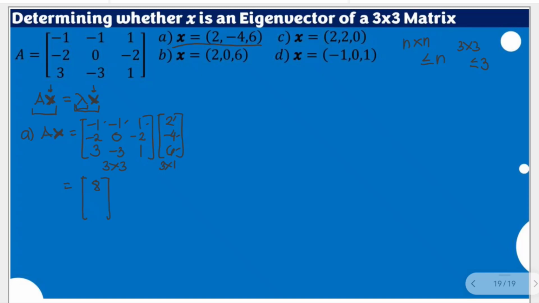Next row: -2 times 2 is -4, 0, and -2 times 6 is -12. So you have -4 and -12, that's -16. Finally, the last row: 3 times 2 is 6, -3 times -4 is 12, and 1 times 6 is also 6. You have 6, 12, and 6, which is 24.